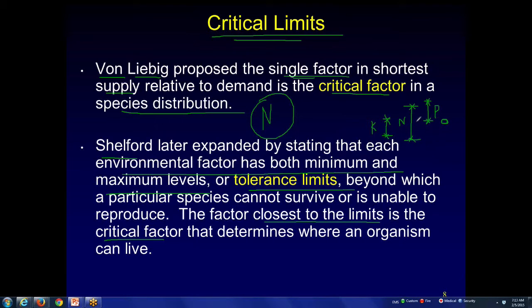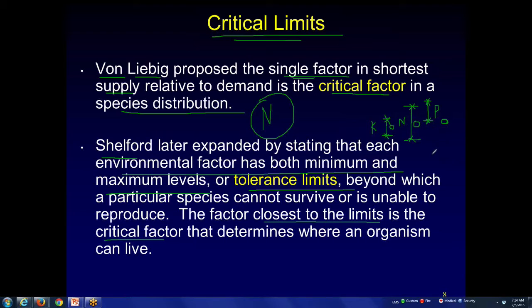And let's say the actual level of nitrogen is right here, and the actual level of potassium is, say, right here. Okay? So you tell me which of these three would be the critical factor. Would it be potassium, K, nitrogen, N, or phosphorus, P? Well, actually phosphorus would be the critical factor.